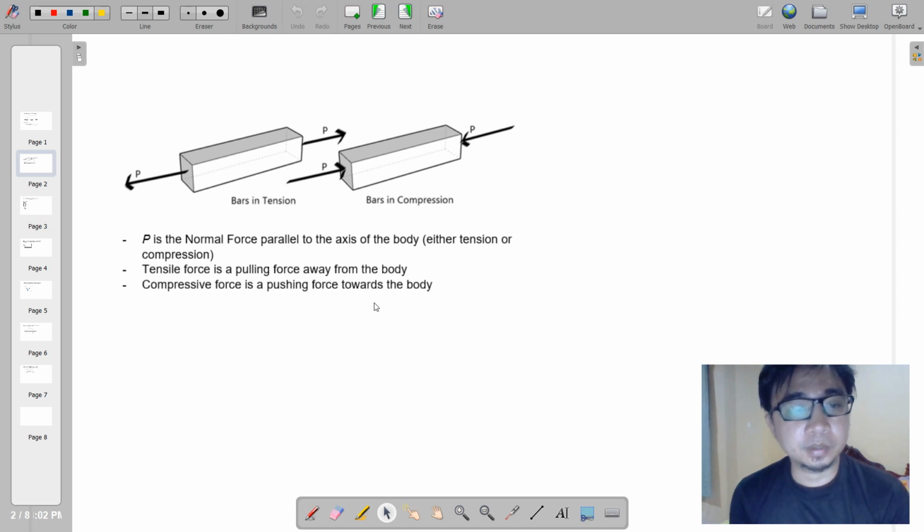So compressive force is a pushing force towards the body. We can see here that the arrowhead is away from the joint or away from the body for tension. And for compression, you can see that the arrowhead is towards the structural member.